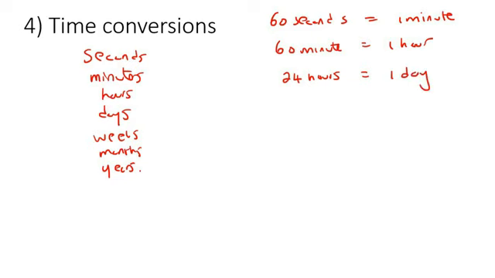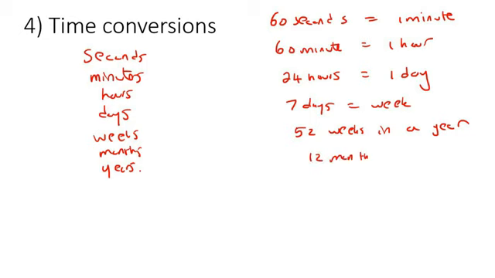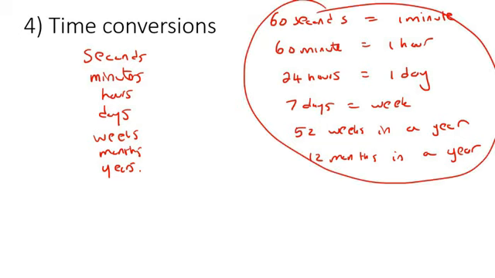That means like the whole night and day, 24 hours. There are 7 days in a week, 52 weeks in a year, and then 12 months in a year. Okay, so those are the basic ones that you need to know.